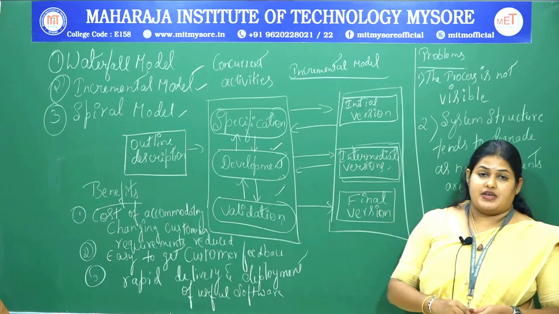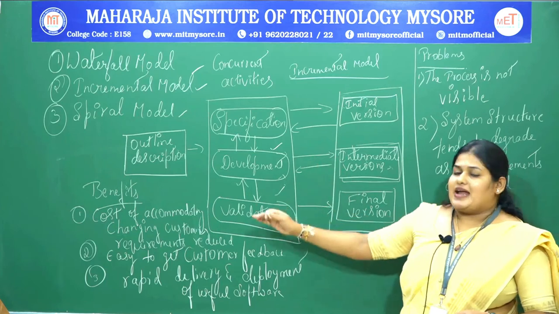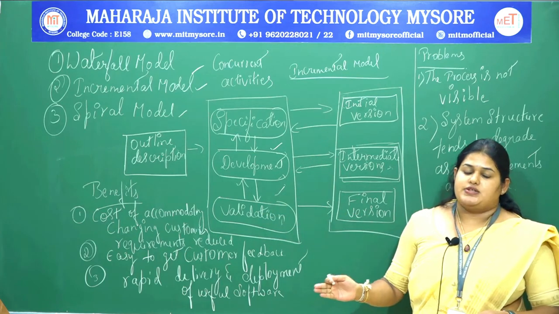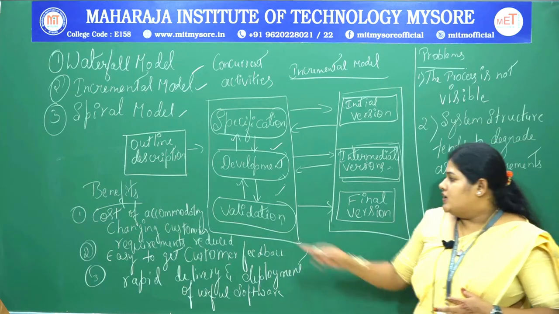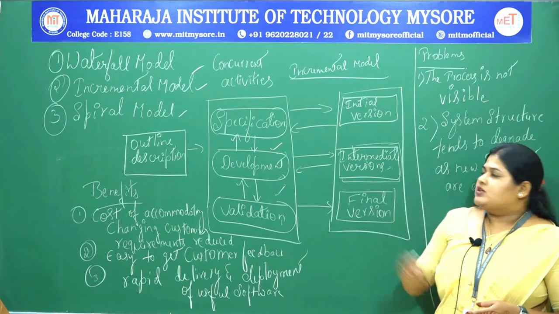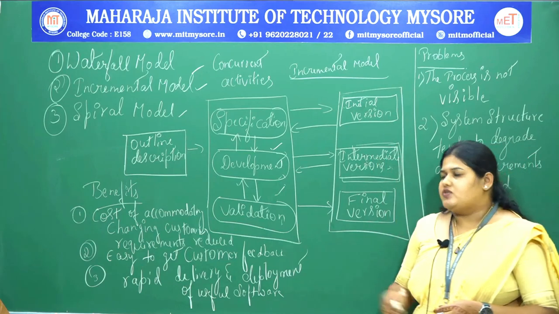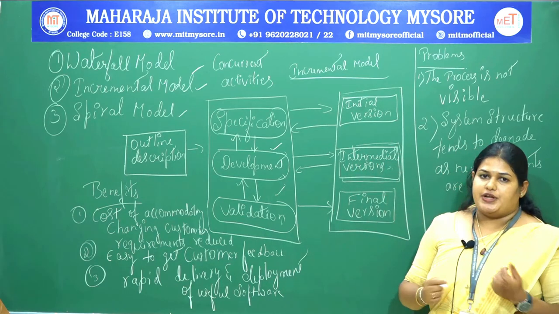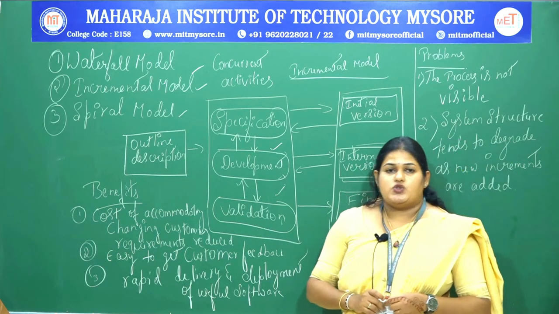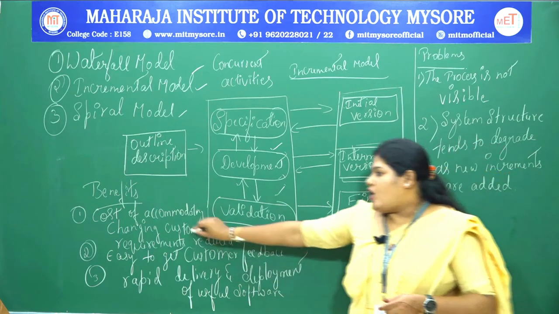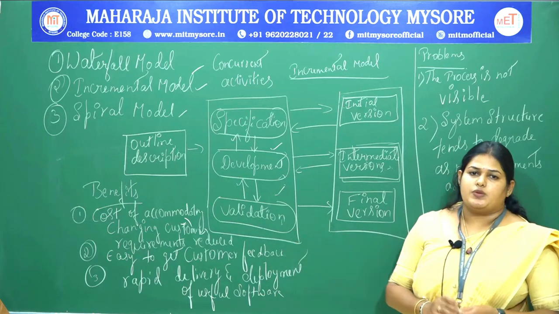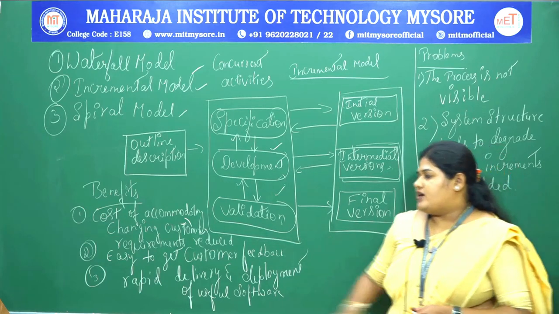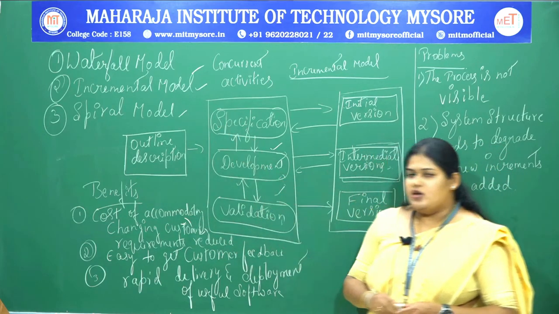Instead of backtracking and starting from scratch to change the requirements, which takes much time as well as cost, here we have the option in the initial version as well as the intermediate version. Because of these two versions, the cost of accommodating the changing requirements of the customers is reduced. This is the first benefit of the incremental model.